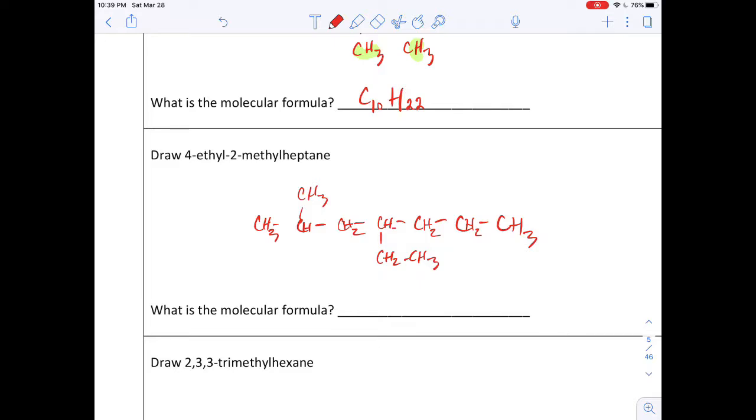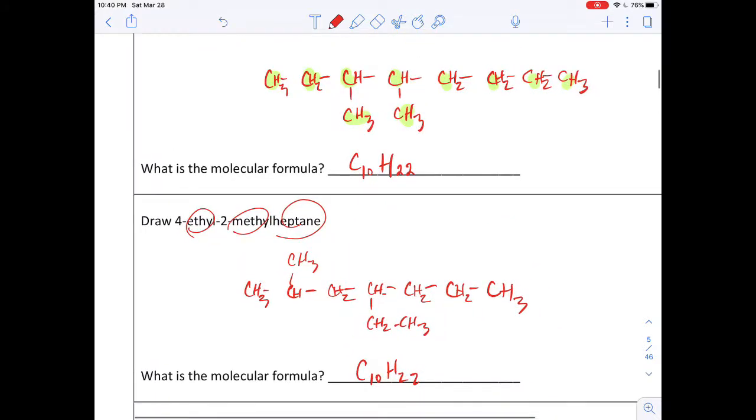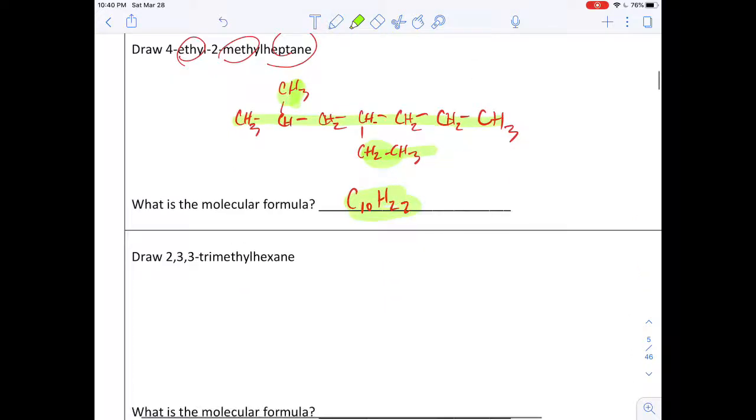Here I've got 7 plus 1 plus another 2. So this is again going to be C10H22. These 2 molecules that I've just drawn are structural isomers. They have the same molecular formula, but different structural formulas. They both had 2 branches, but in one case, one branch is a methyl and the other is an ethyl, and in the other case, they're both methyls.